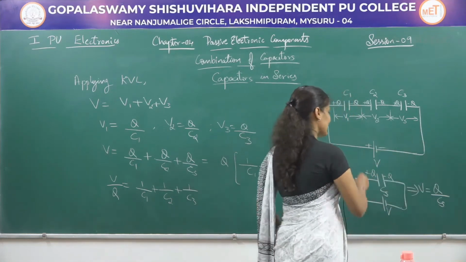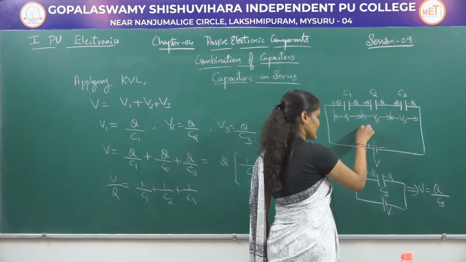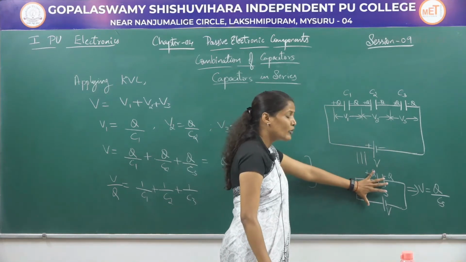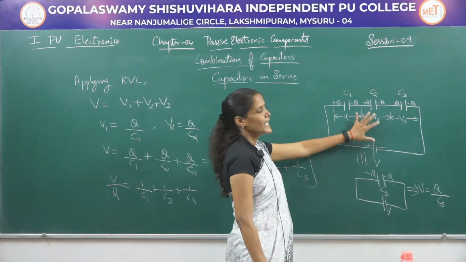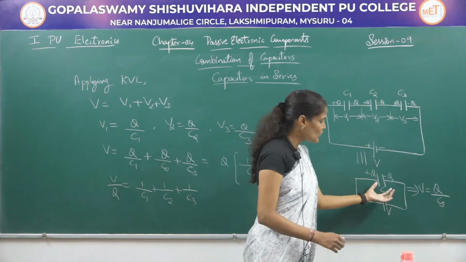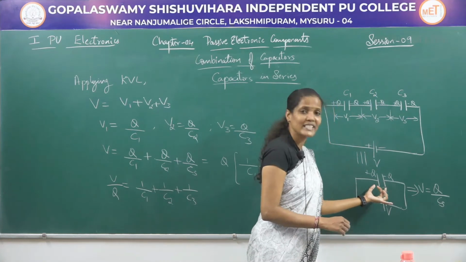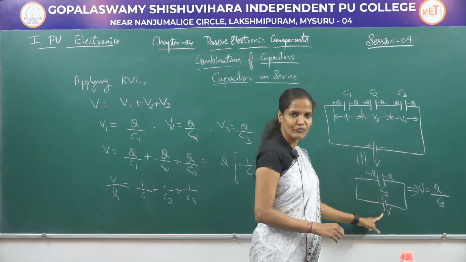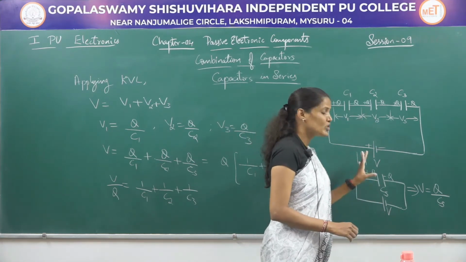So this gives rise to this circuit, the equivalent circuit. In place of these three capacitors which are connected in series, I can use a single capacitor which is named as Cs, which is connected across the same potential V and which is having the same charge Q.